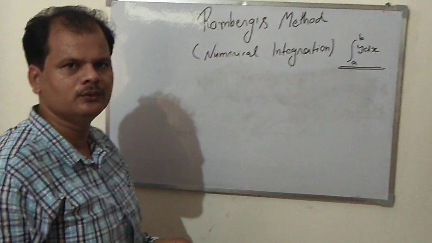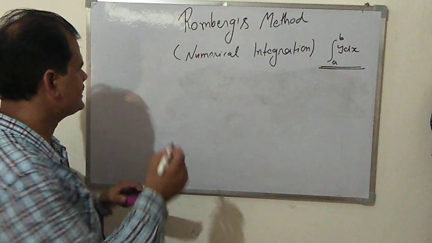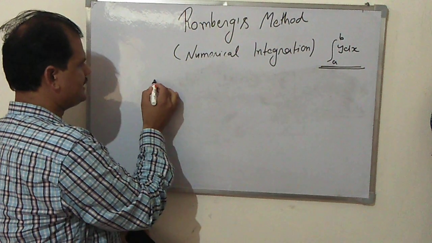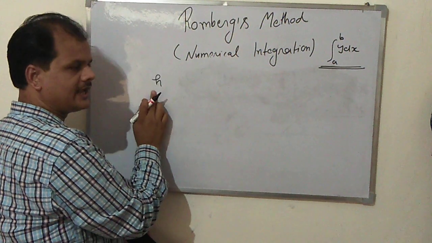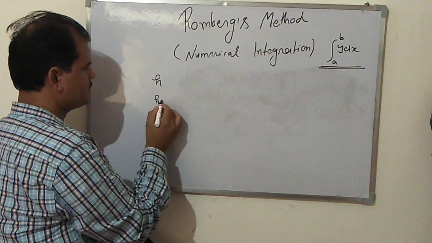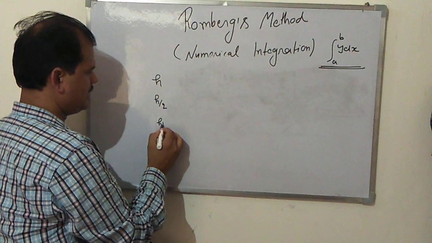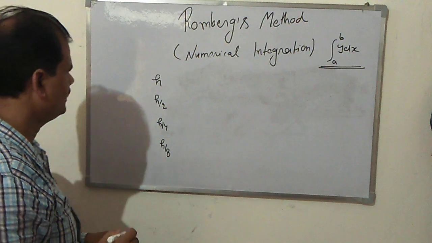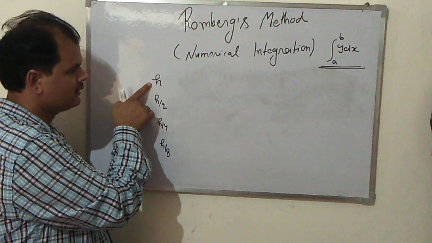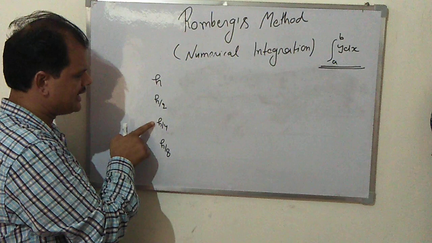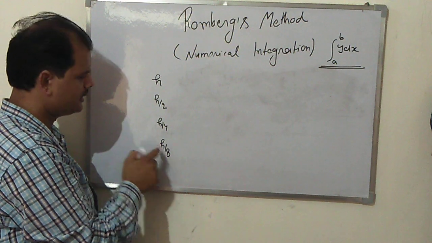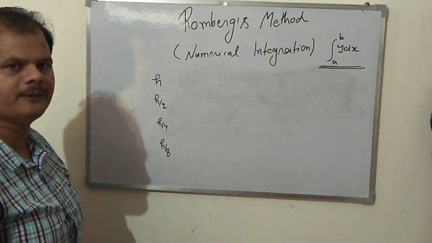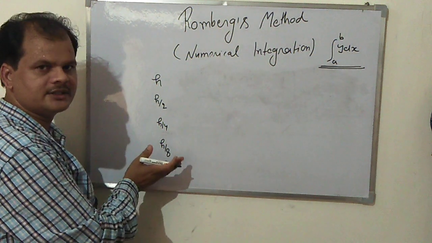So we find this integral for h, h by 2, h by 4, h by 8. Even if you want more accuracy, you can have h by 16 and so on. Let us do up to these steps.